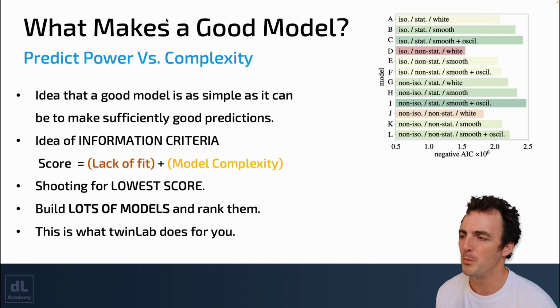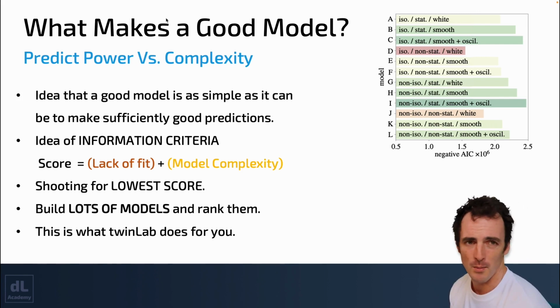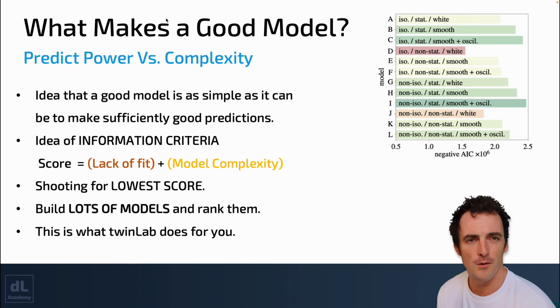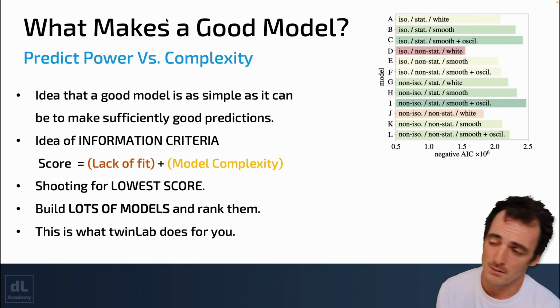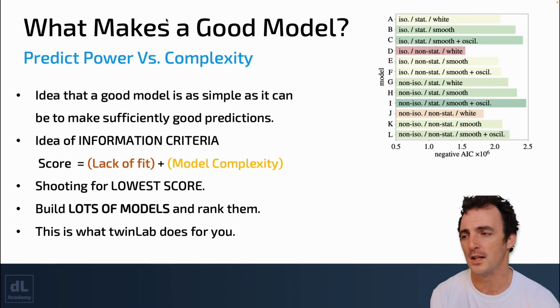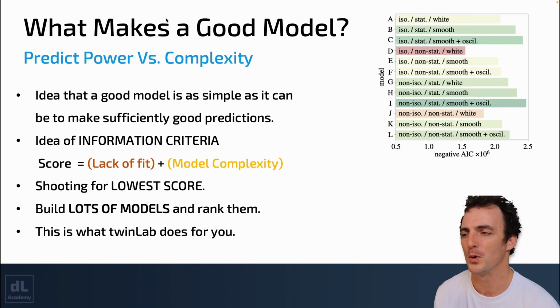It's the ability to predict versus the complexity of that model. This is a really common thing that you do, but there's a whole area of maths, computer science and machine learning which talks about information criteria. This is a way of including scores about how good a model is.